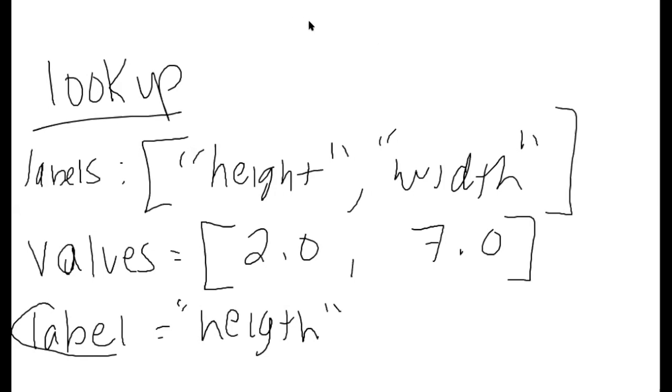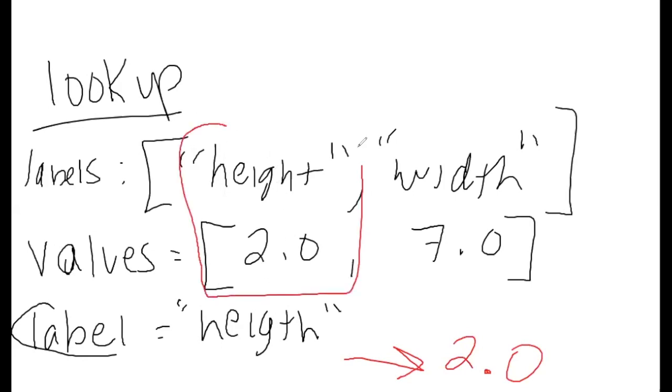If our lookup function was called with these 3 parameters, we would want the result to be 2, because we're looking up the value in the corresponding position as the label that was passed in. And if we passed in width, we would expect this function to return 7.